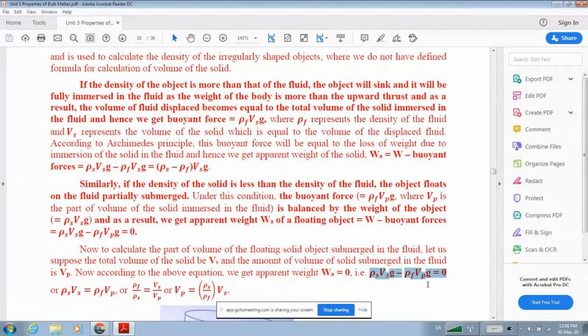So ultimately you get rho s Vs equal to rho f Vp, or rho f by rho s equal to Vs by Vp, or Vp, that is the partial volume of the solid immersed in the liquid, equal to Vs, that is the total volume of the solid, into density of the solid by density of the fluid.